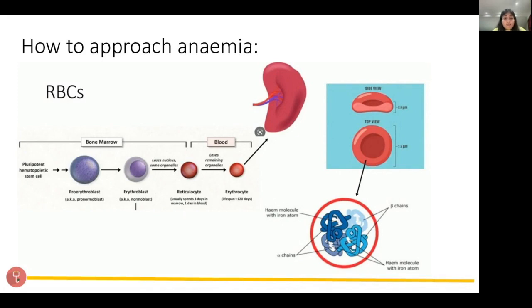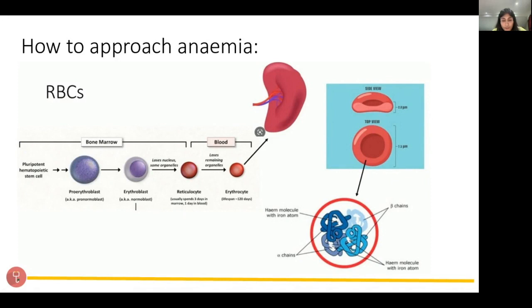They don't tend to spend longer than a day in your blood, but if you get a blood film, you'll often see a few of them because every day some are thrown out of your bone marrow into your blood. After a day or so, they turn into erythrocytes, which are your mature red blood cells. These have a lifespan of about 120 days in your blood, after which they're destroyed in the spleen.